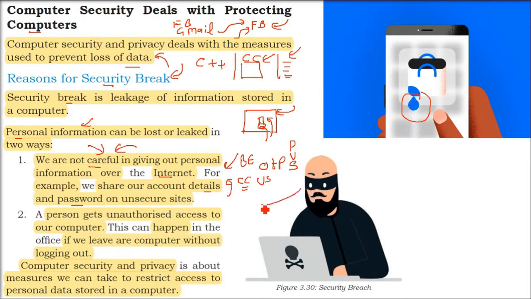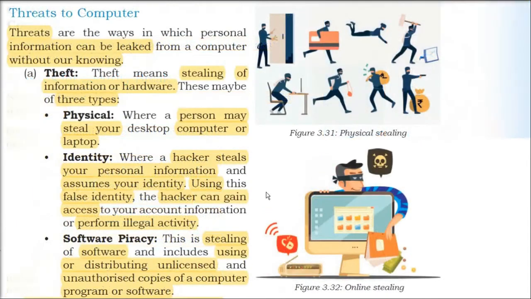The second is a person or a group of people who get unauthorized access to your computer. You don't want them to, but they enter. For example, you leave your computer without even logging out, or you close the banking website without logging out. There are people who are always your adversary, people who have malicious intent. So they will try to steal your personal information.